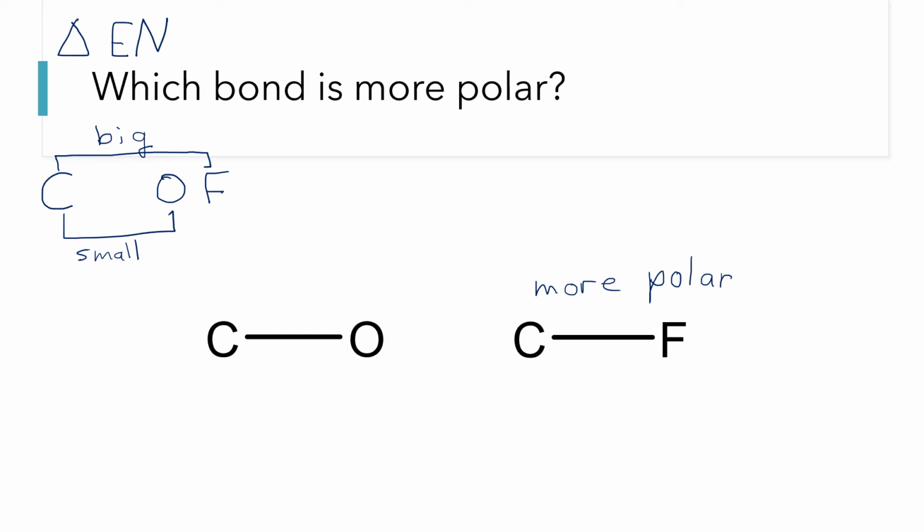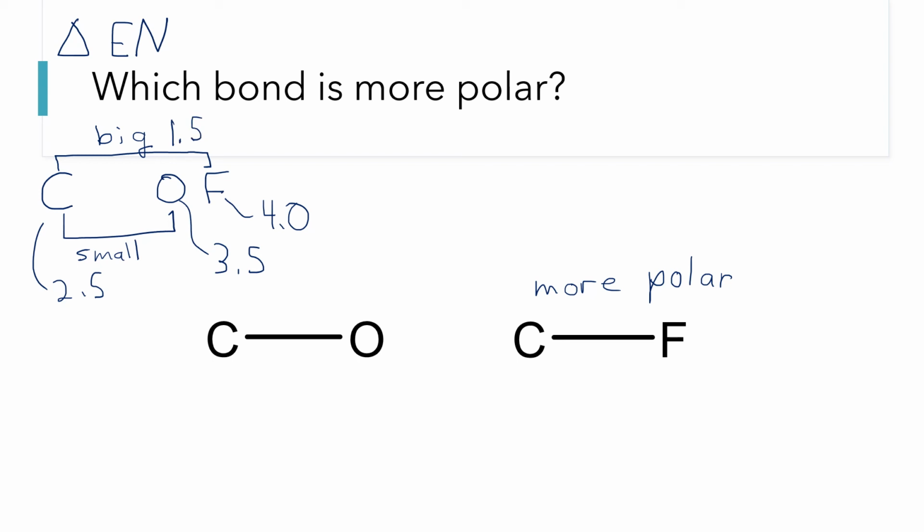If you don't like that argument, we can go and look at the numbers. Fluorine is 4.0. Oxygen is 3.5, and carbon is 2.5. So if we were to subtract fluorine's 4.0 minus carbon's 2.5, we would end up with an electronegativity difference here of 1.5 between carbon and fluorine.